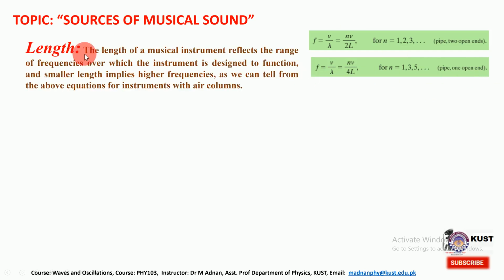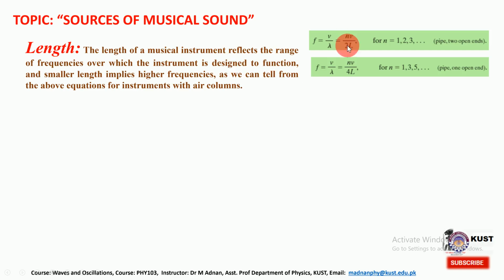Now the important thing, we have discussed all these parameters, the frequency, the speed, the lambdas. Now we'll see what is the role of this length, or we can say the length of the organ pipe. The length of a musical instrument reflects the range of frequencies over which the instrument is designed to function.